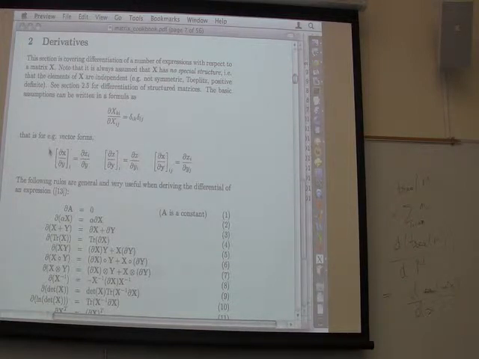We know that the determinant of A times B is equal to the determinant of A times the determinant of B, and therefore the determinant of AB equals the determinant of BA. If we can specify I plus U V transpose as a multiplication of two matrices, then we can commute those matrices.